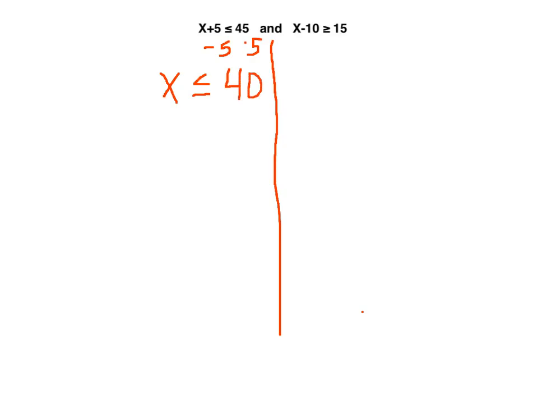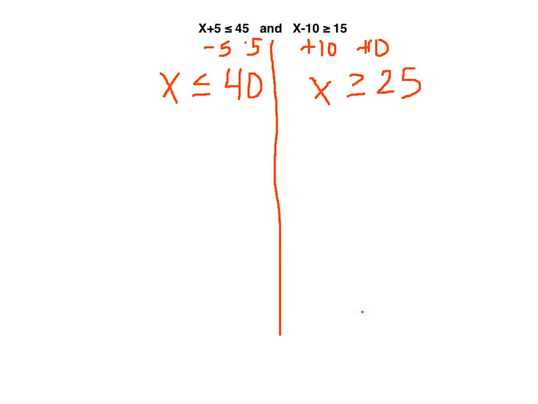And then on this side, we'll use the addition rule as well, and we can realize we will be adding 10 to both sides to get x by itself, which will give us x is greater than or equal to 25.